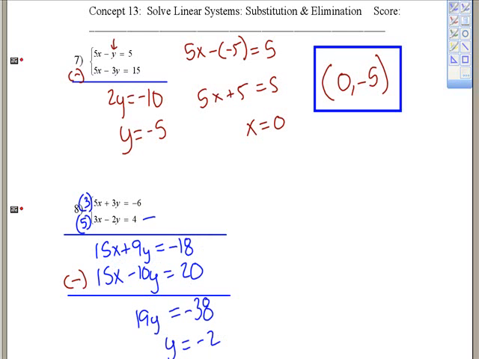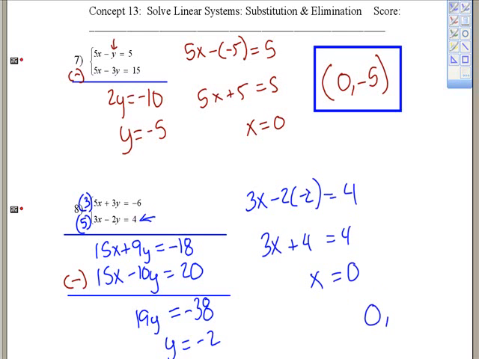So let's go ahead and plug that into this equation. 3x minus 2 times -2 equals 4. 3x plus 4 equals 4. By inspection, what does x equal? 0 again. So we ended up with the point 0, -2 this time. And we have a solution. Any questions now?